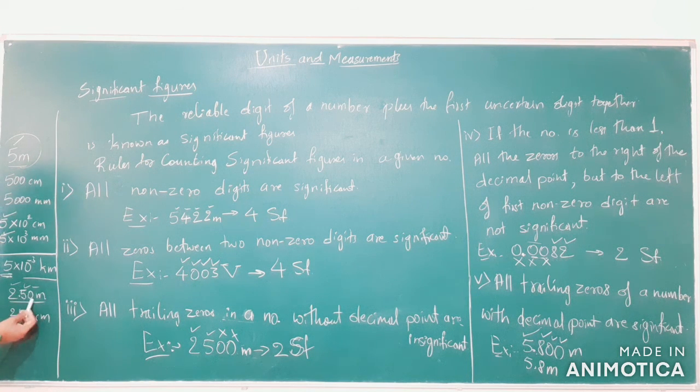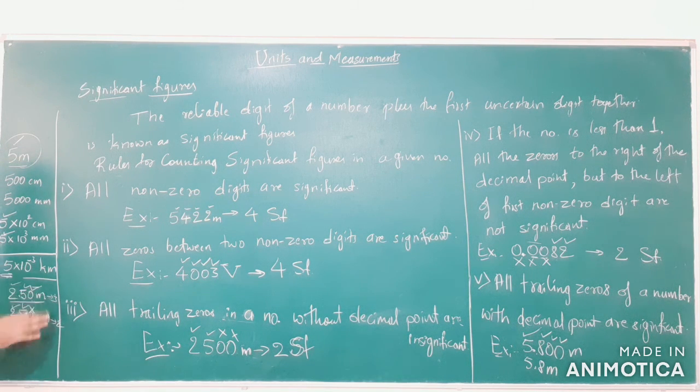This 0 is also significant because it's a trailing 0 for a number with a decimal point. But when we convert this, it becomes 250, and we have only 2 significant figures, and this 0 is not significant because it's a trailing 0 for a number without a decimal point. So now which one is right? According to this we have 3 figures, according to this we have only 2.